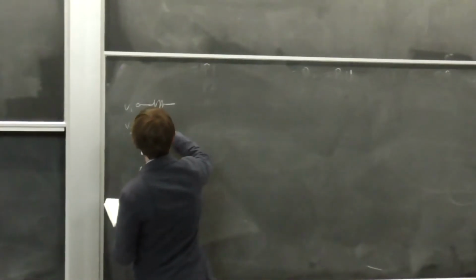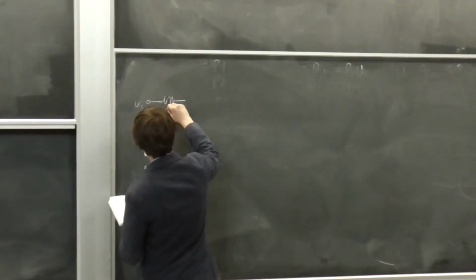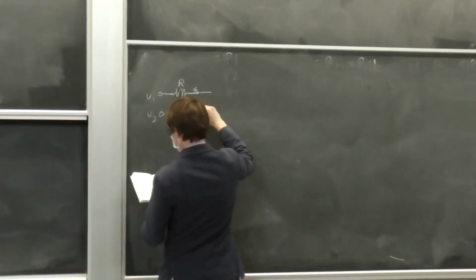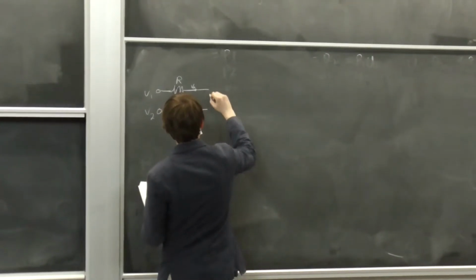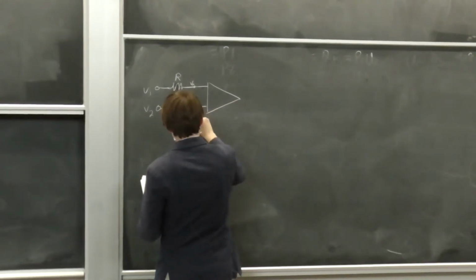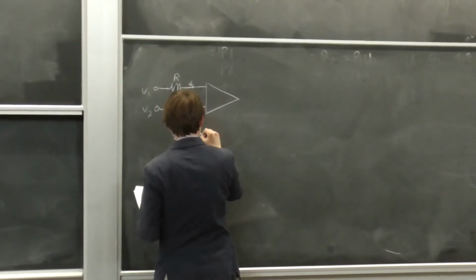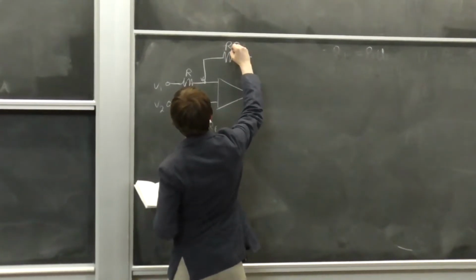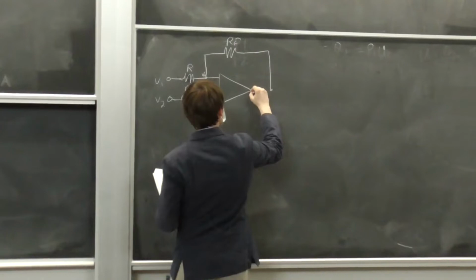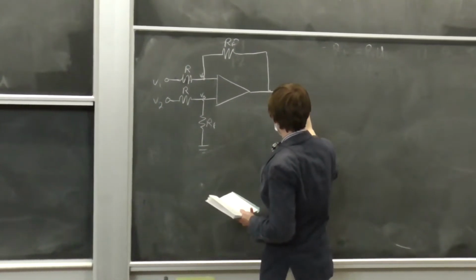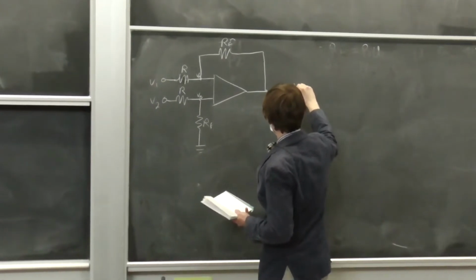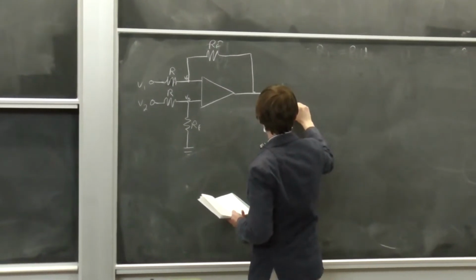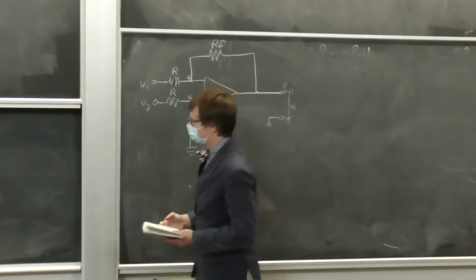Both of these have a resistor on them with a value of R. We'll have voltage point A and voltage point B, mostly just so that we can say that A is equal to B. A resistor with the same value as the feedback resistor connected to ground, and a feedback resistor thusly. VO across those two. Okay. Good.